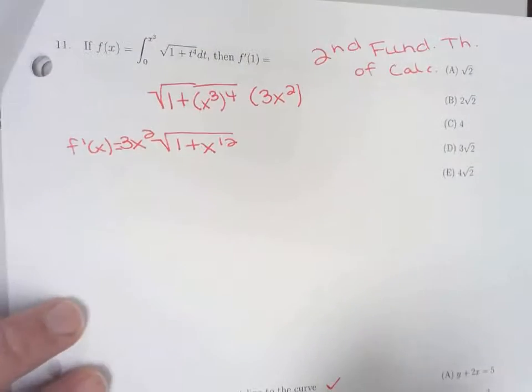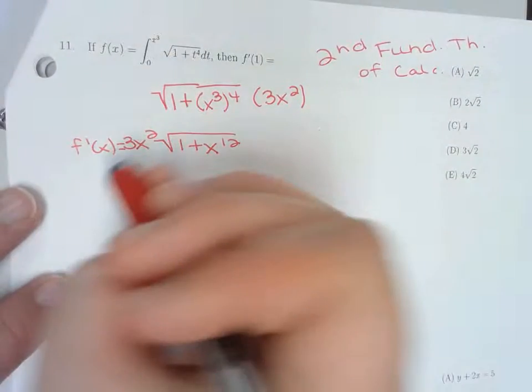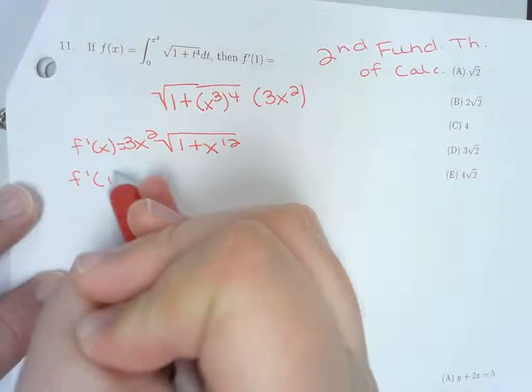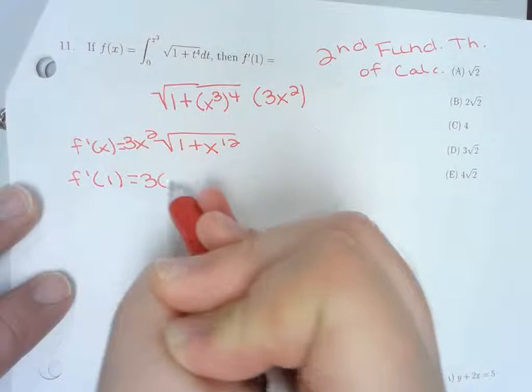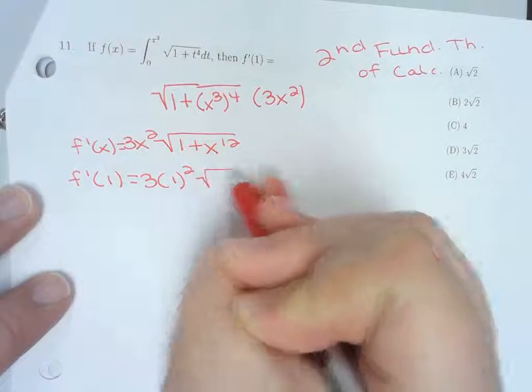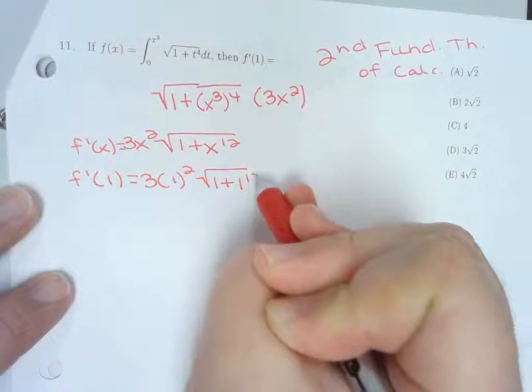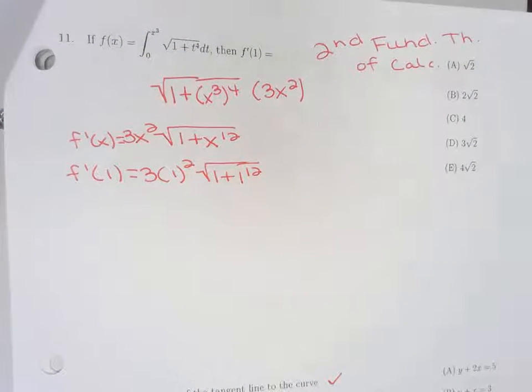But I want to evaluate that at 1. So I would hate to see you miss a point on a one like this when the work isn't terribly hard. You just have to remember second fundamental theorem of calculus.